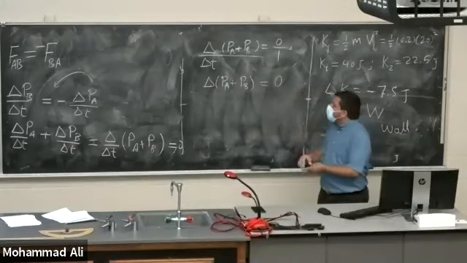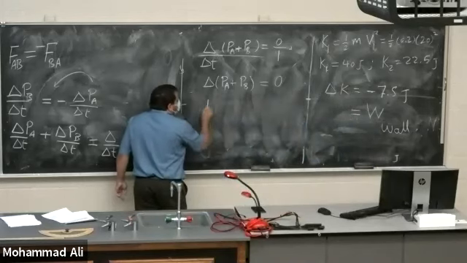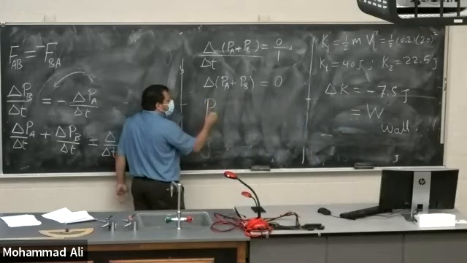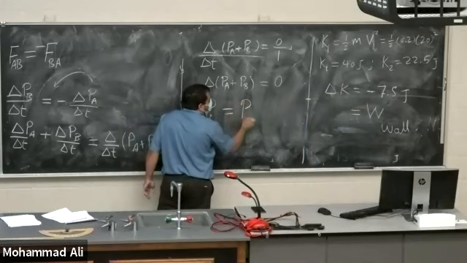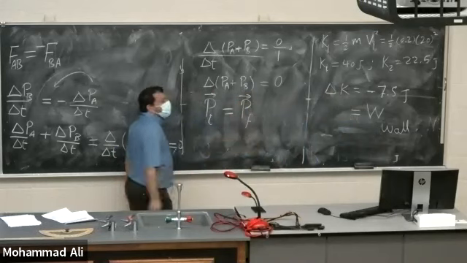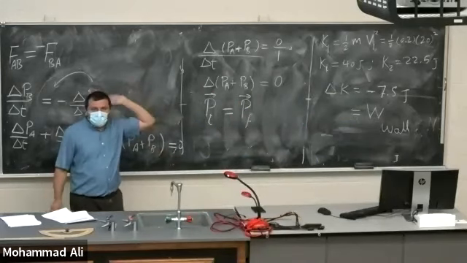The change is 0. That means the momentum for the system initially is equal to the momentum for that system finally, as a vector in x and y. But from now on in our examples, we will deal with just one direction.